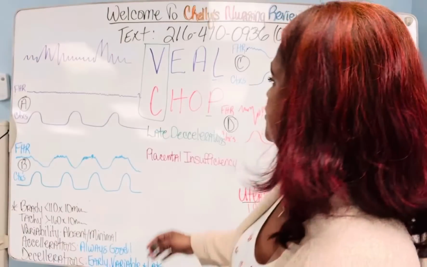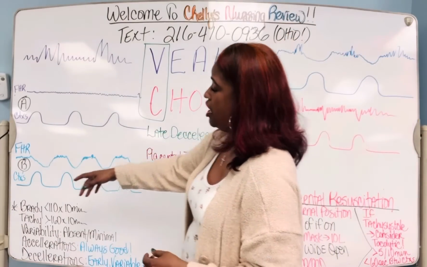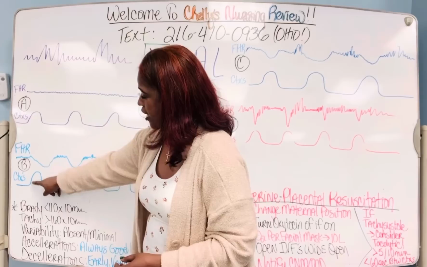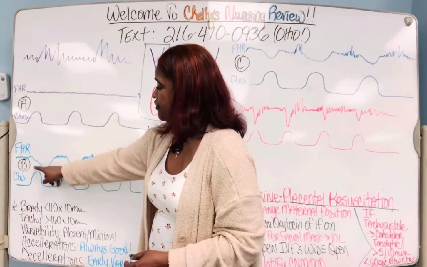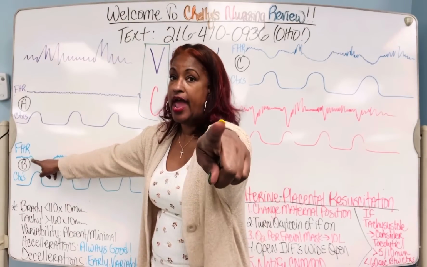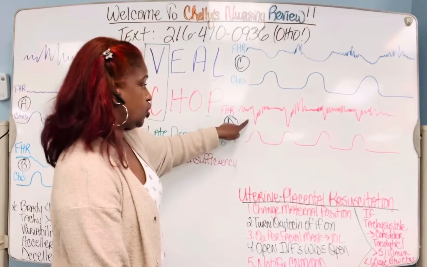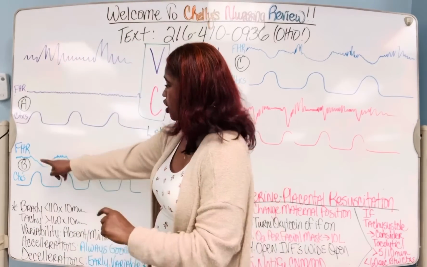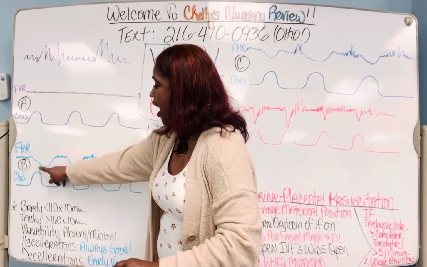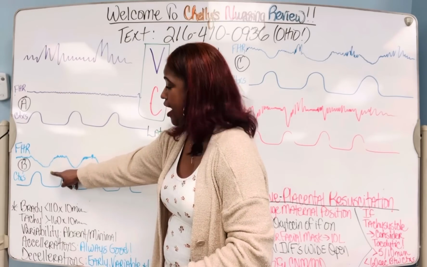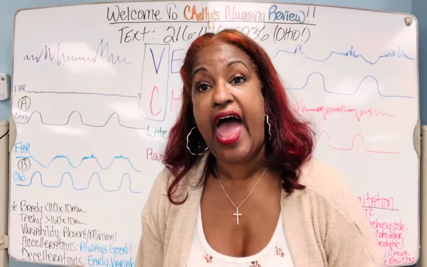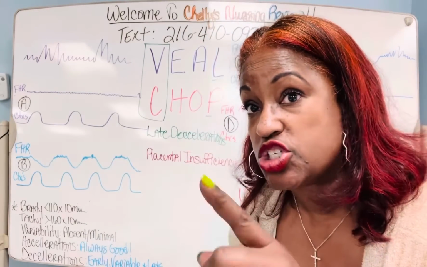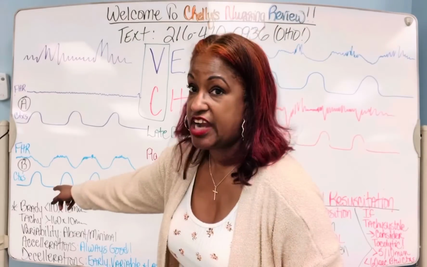Okay, so what we're saying to you is this contraction goes up. The heart rate gradually, not quickly, not abruptly, gradually drops down. And even after the contraction is over, this kid did not recover.